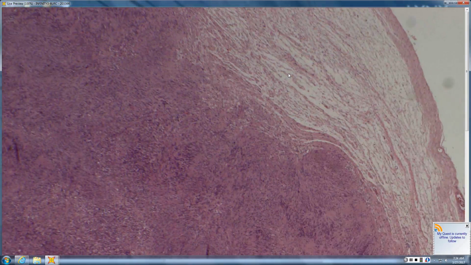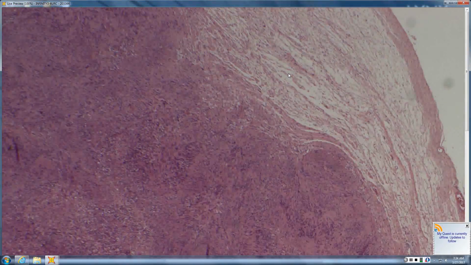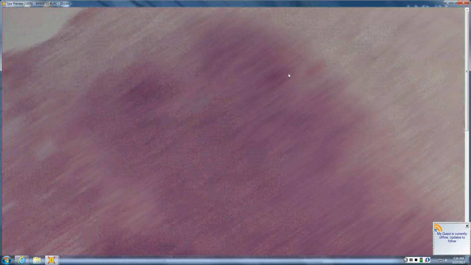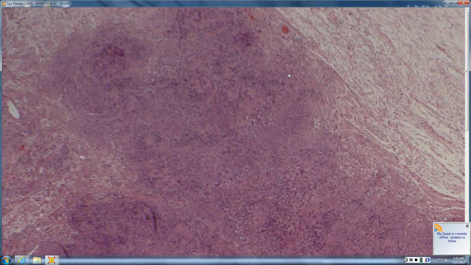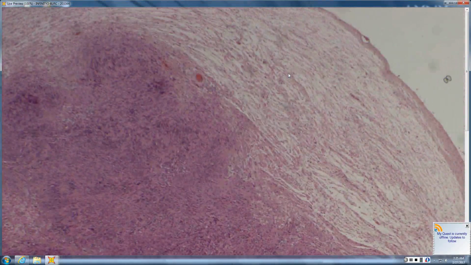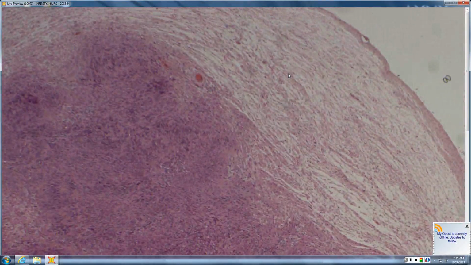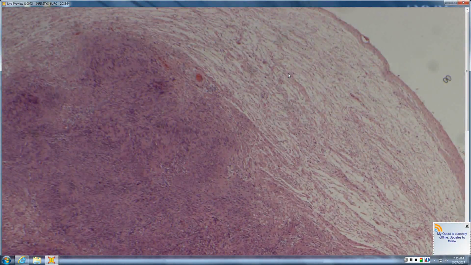Okay, James, what do you think at scan? Schwannoma. Okay, why Schwannoma? Because of the characteristic Antoni A and B elements admixed. All Schwannomas are roughly round to oval. They are encapsulated.